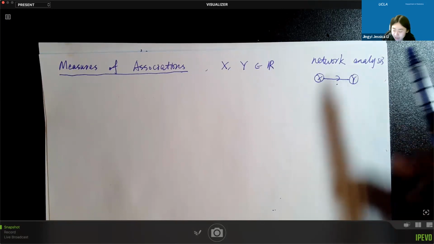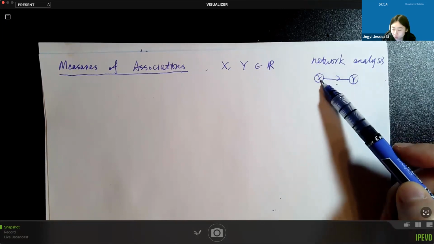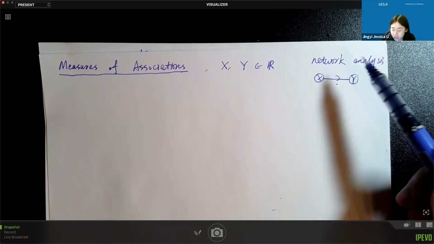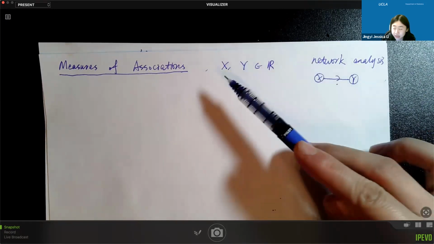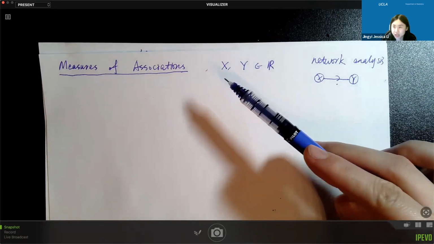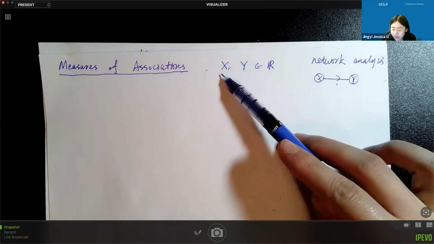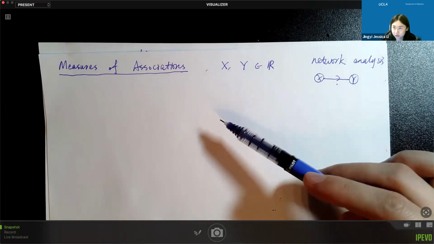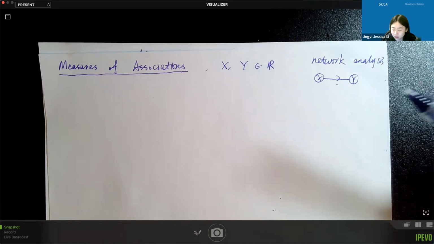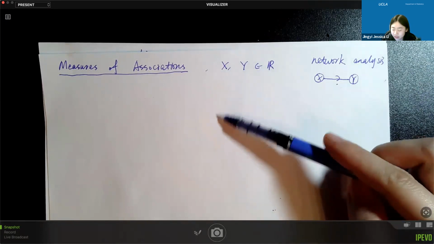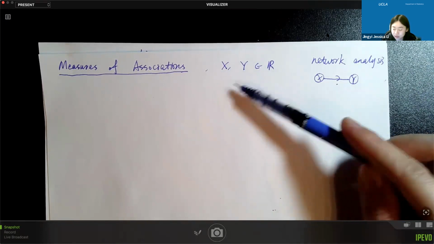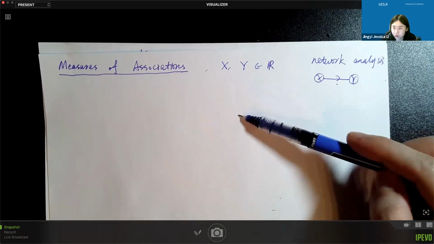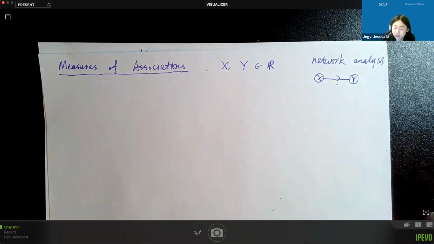In this case, X would be one gene, Y would be another gene, and each gene will have a different expression level at one condition, right? So let's say we have 100 conditions corresponding to 100 measurements. We're going to have 100 values of X, and to pair with it, we have 100 values of Y. So 100 pairs. And given those 100 pairs of measurements, how do we measure the association strength of two variables?